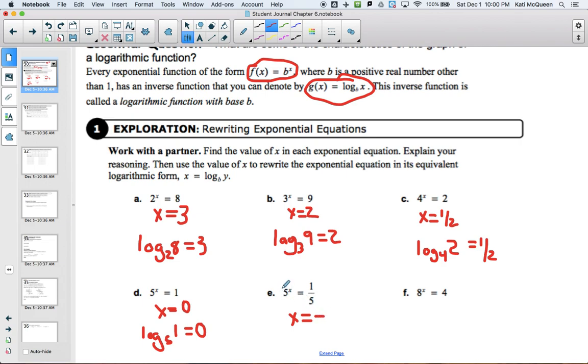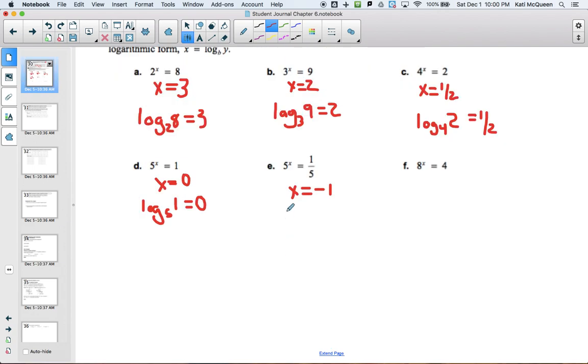Then I have to think about, well, 5 to what power equals 5, and it's just the first. So in log form here, we get log base 5 of 1/5 equals -1, because my log is always equal to my exponent.